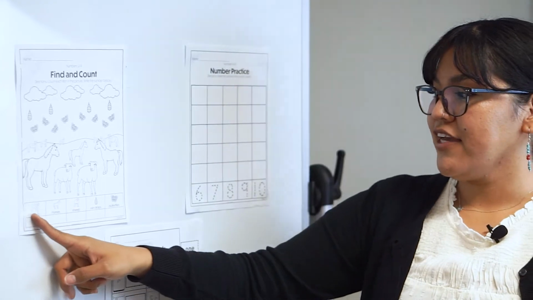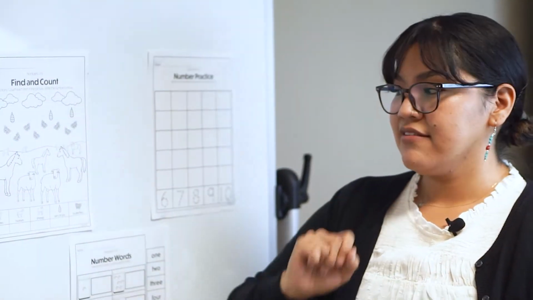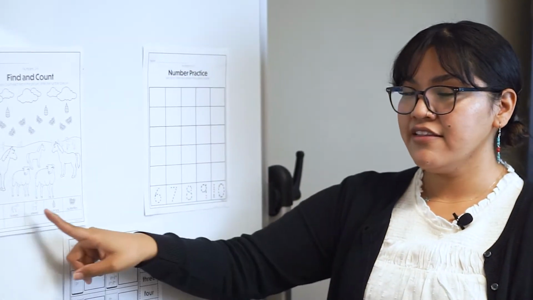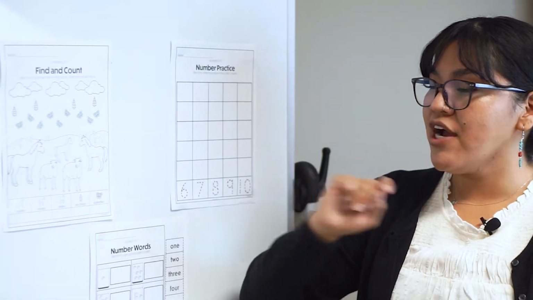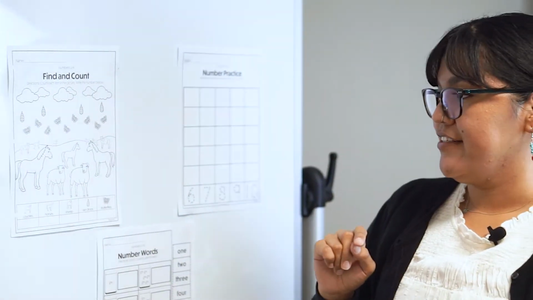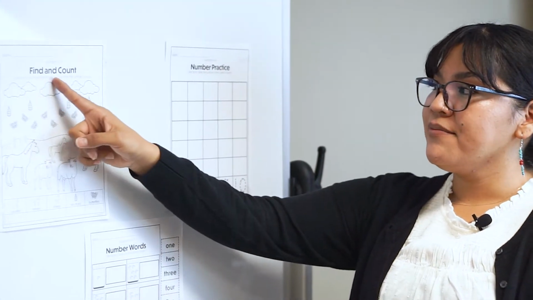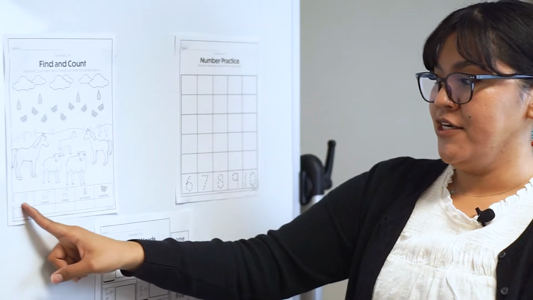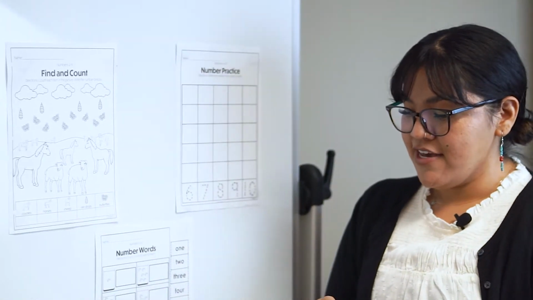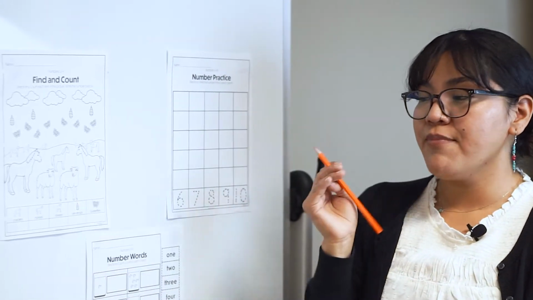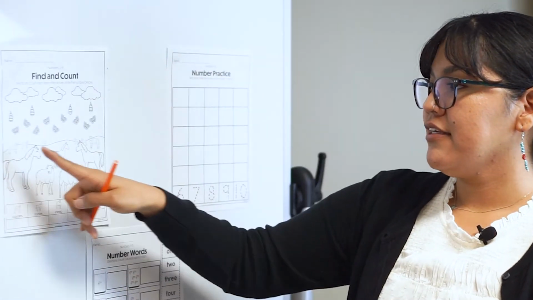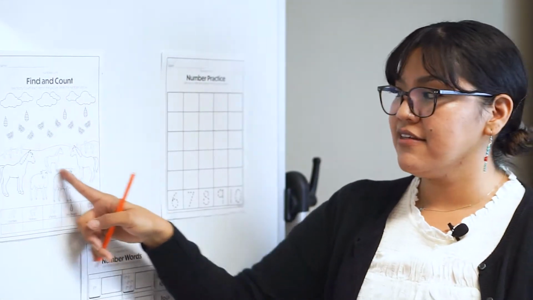Okay, let's look down here. We have the coyotes, the horses, the sheep, the raindrops, and the butterflies. So like the directions say, count each item in the picture, write the number below. So let's look for coyotes. I'm going to use my orange color pencil, and we're going to count how many coyotes we see in this picture.